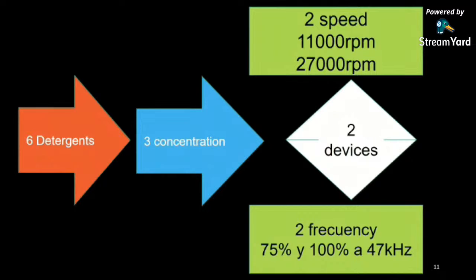Also three concentrations, because the concentration is related to the surface tension of water. Then two devices were selected, one for shear exfoliation and the other one for sonication. For shear exfoliation, two levels of speed were selected, as shown in the slide. And for sonication, two levels of frequency were selected.